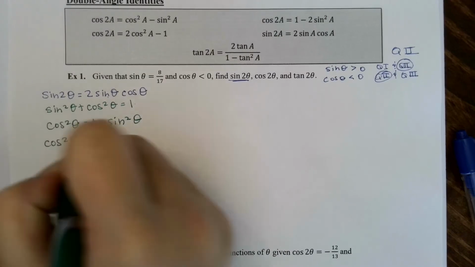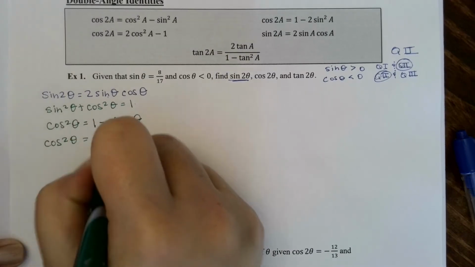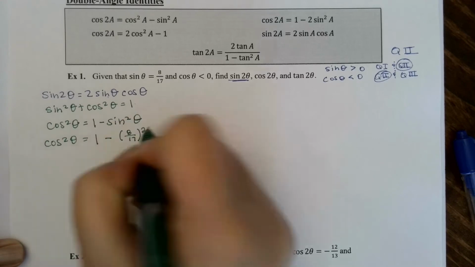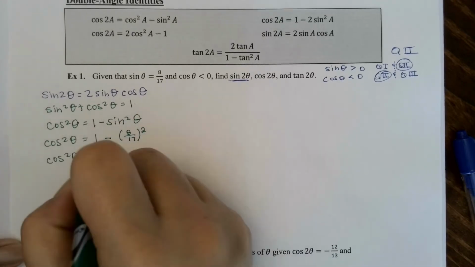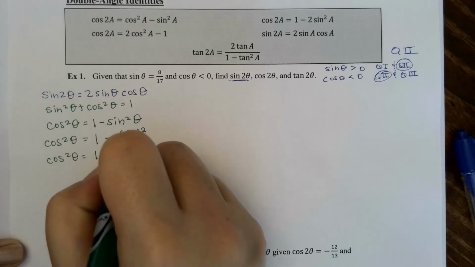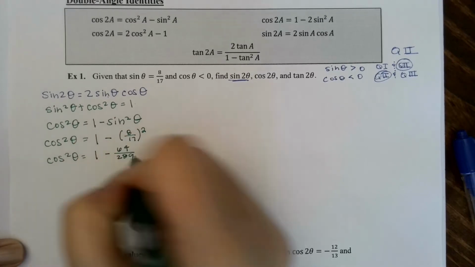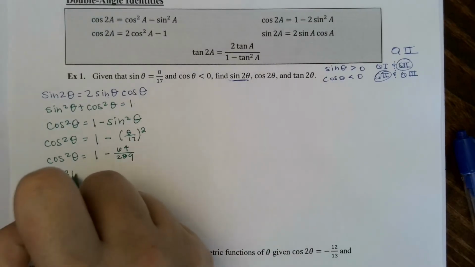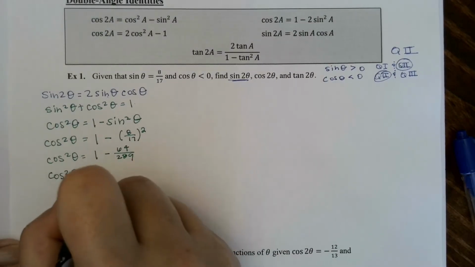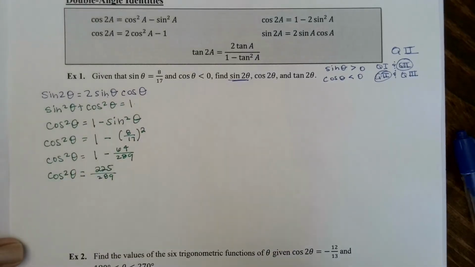So cosine squared theta is equal to 1 minus 8 over 17 squared. Okay, so that is equal to 1 minus 64 over 289. So cosine squared theta is equal to 225 over 289.